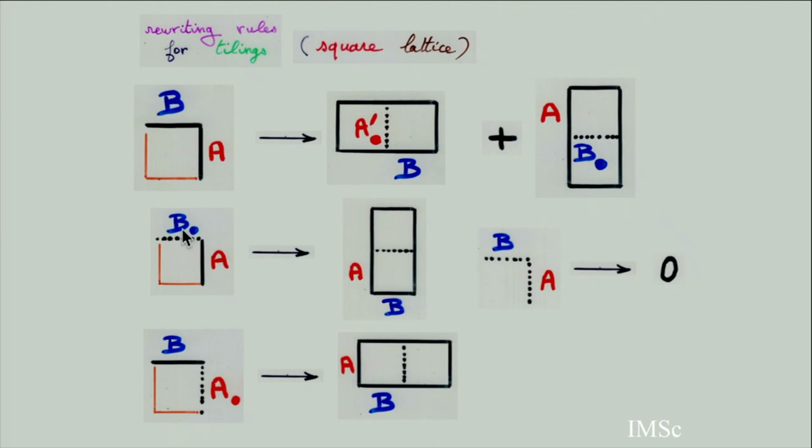Then I'm going to rewrite this, so I have to look at what can be the label of these edges here. I claim that if I have this label BA, this is the only possible configuration, where the B is here, the A is here, and then I get A dot B. Or maybe this possibility, I have BA, and I have A B dot.